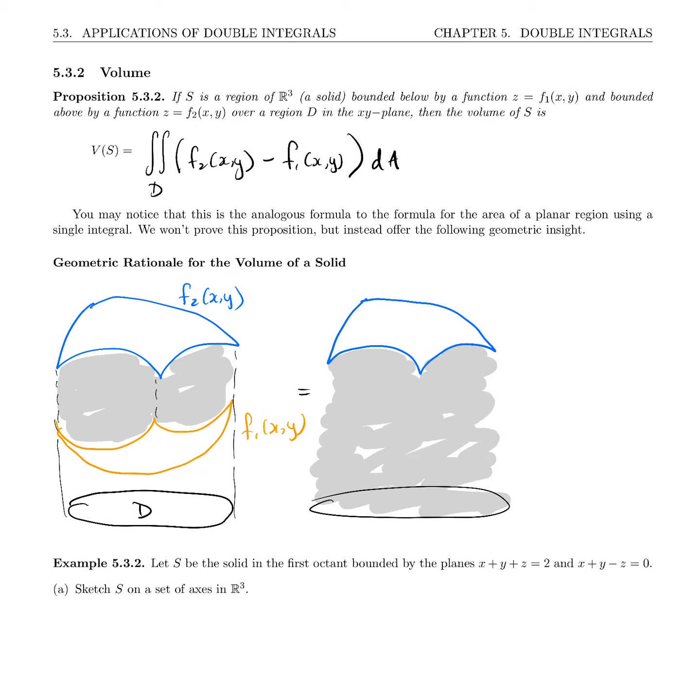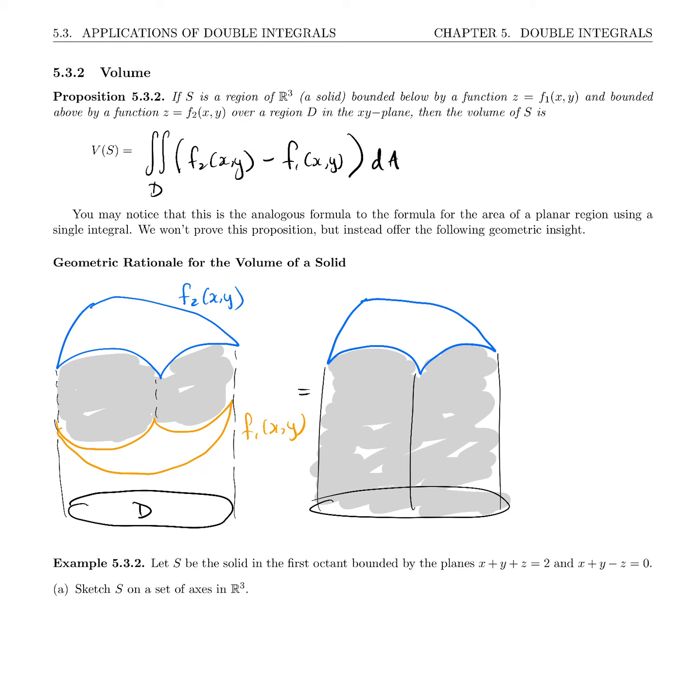That's the interpretation of the double integral as volume under a surface. But we don't want all of this volume. We want the volume just between those two bounded surfaces.